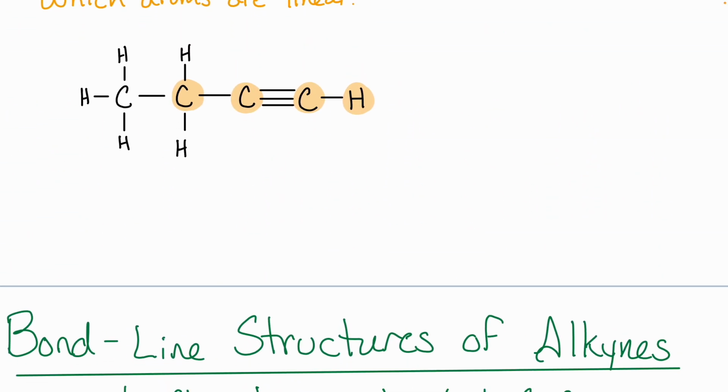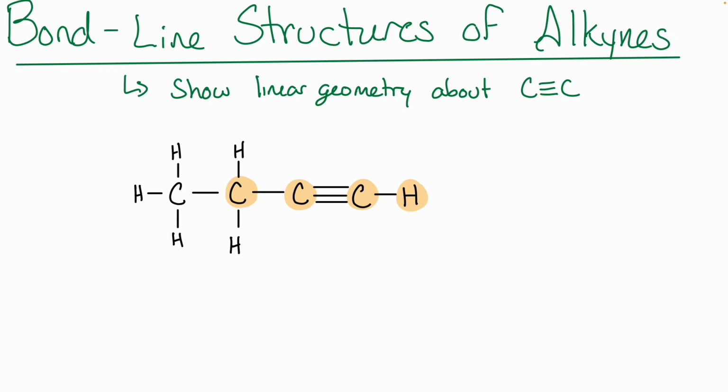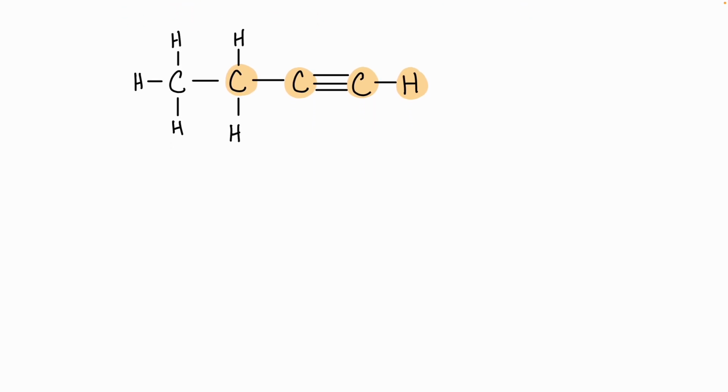All right, so I'm going to represent this same molecule here. We got a 4 carbon alkyne here. Here's our Lewis structure. I'm going to put this into a bond line structure. All right, and I'm going to start with my normal kind of zigzag here. All right, but then this carbon is going to be a part of that linear triple bond.